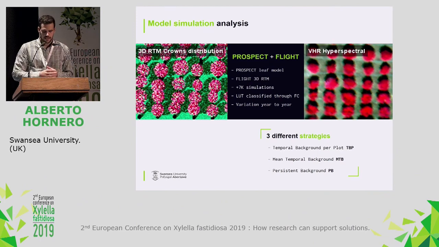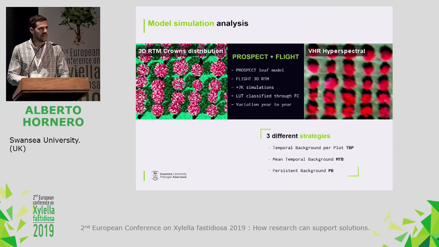On one side, a more sophisticated solution, which includes the variation for each orchard individually. We call it temporal background per plot, TBP. A more straightforward approach, on the other side, considers that there is no change in the background: persistent background, PB.